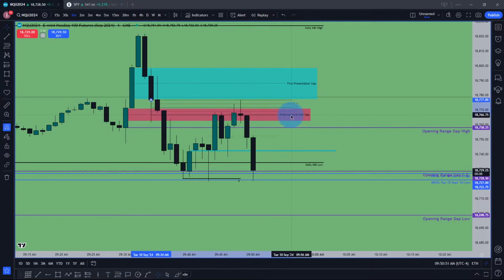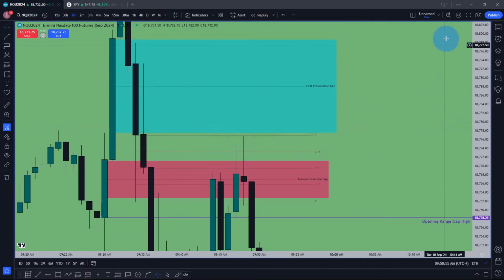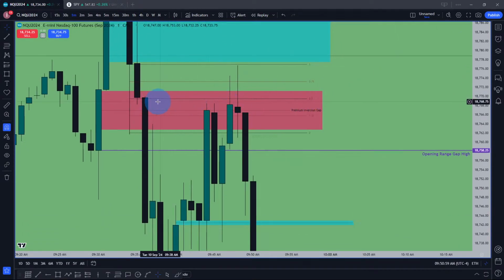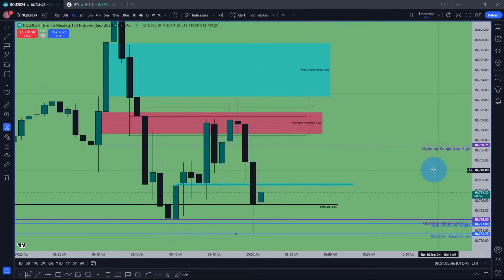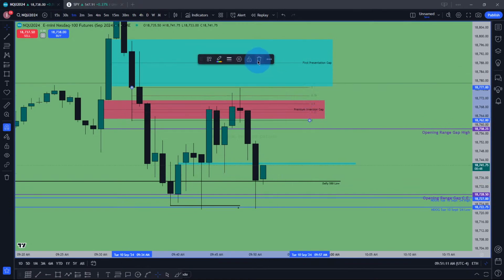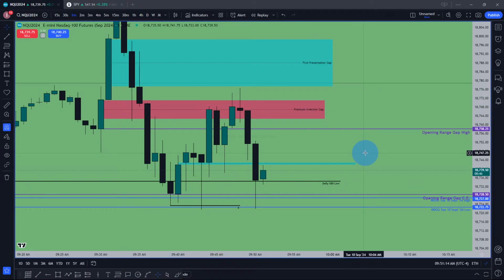I'll highlight this wick here. Notice the respect of the construct of the pushing level. It's fine with me. Make sure to do what helps you understand price best. Yeah, thank you. I just wrote it on because you're right. It does look kind of confusing visually when I have this gap drawn on instead of the first presentation.